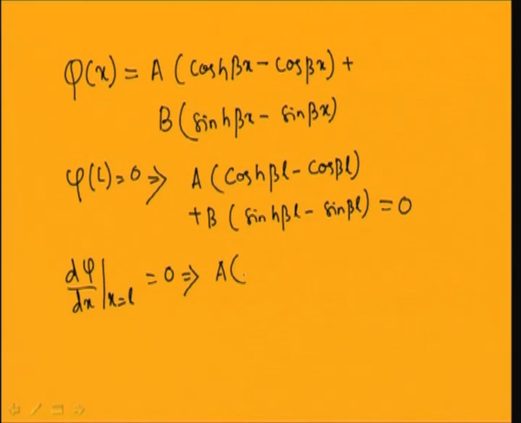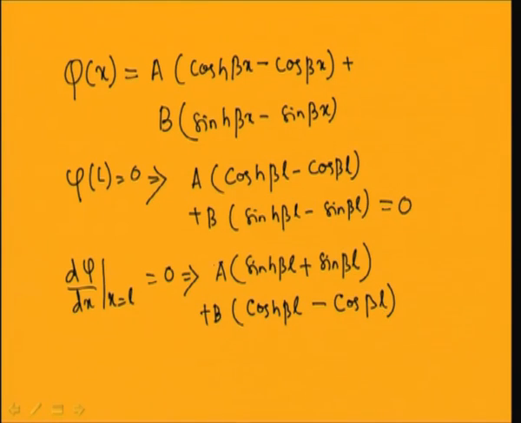So, in case of slope boundary conditions, I can differentiate it once and write this equal to 0. So, this implies a into sin hyperbolic beta l, differentiating this, becomes plus sin beta l, plus b into, for sin hyperbolic this becomes cos hyperbolic beta l and for sin this becomes minus cos beta l.